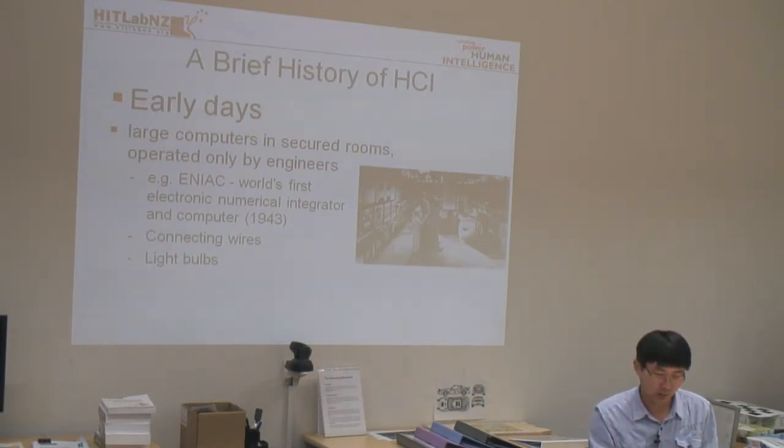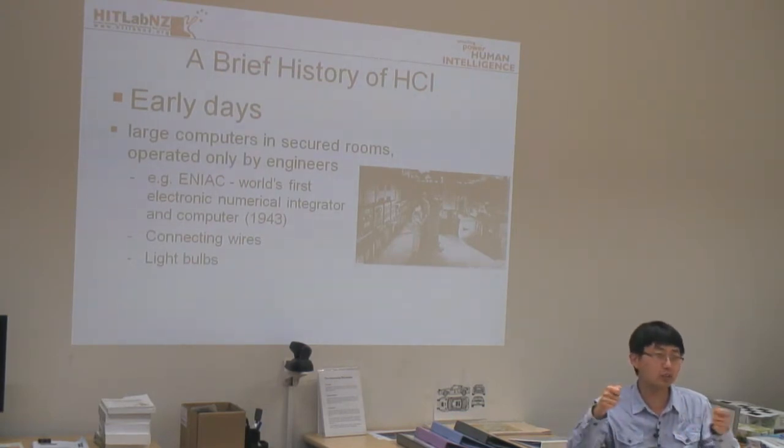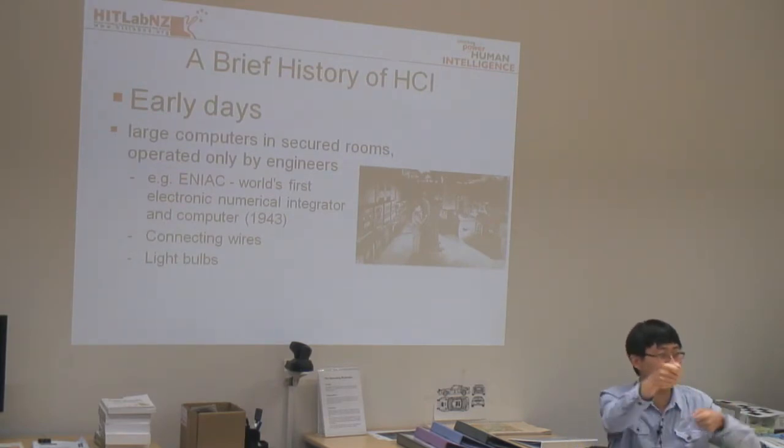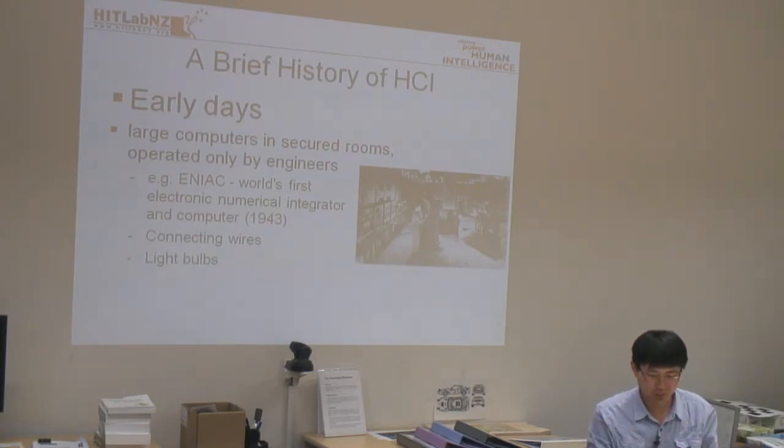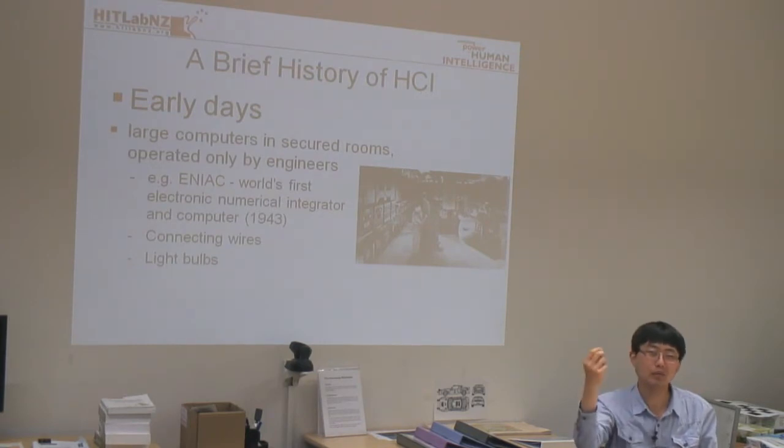As you might already know, the world's first electronic numerical computer, ENIAC, built during the World War era, used connecting wires to give input to the computer. So it was not typing or even a button, just connecting a wire from here to there. And the output was just some light bulbs that had specific purposes. Some of them showed the status, some of them showed the output data in bits.